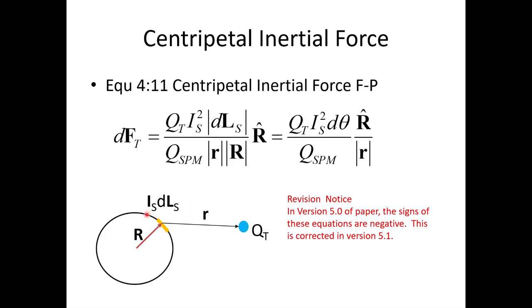And people say, well, what if you have a piece of wire that's straight? Well, then that would have an infinite radius, and that would have no centripetal effects. Again, you have to go around a curve to have centripetal effects. So obviously, when your radius goes to infinity, which would be the radius of a straight wire, you're going to have no centripetal effect. So this is the centripetal effect for any arbitrary wire path that you want to model.